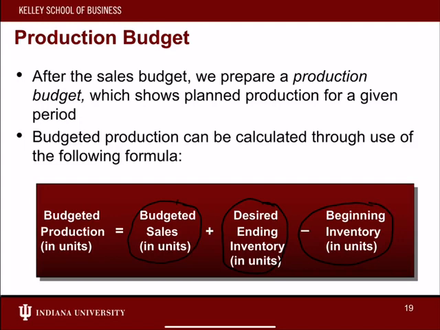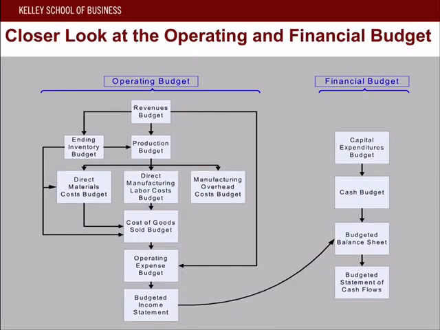So we have the total amount we need to produce this period, but we can produce a little bit less if we already had some units in our beginning inventory. So it'd be our sales plus our desired ending inventory is the total amount we're going to need minus any we have on hand. And that will get us to how many units we need to produce this year. Pretty straightforward formula, a pretty easy calculation.